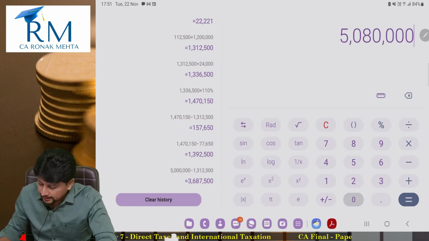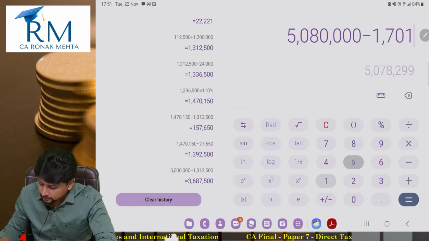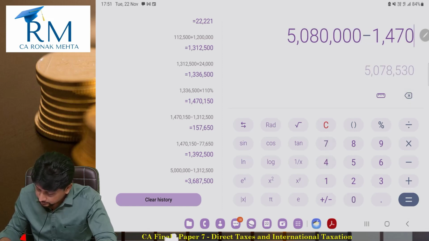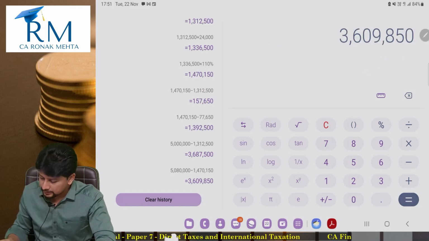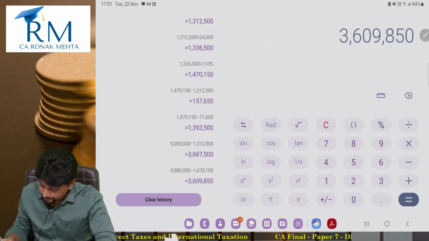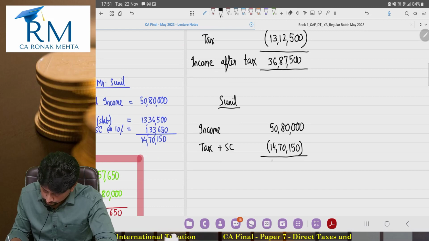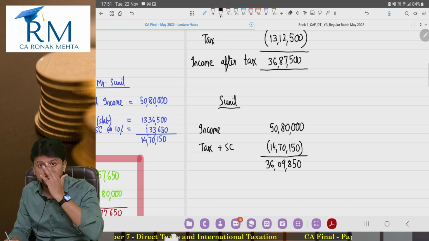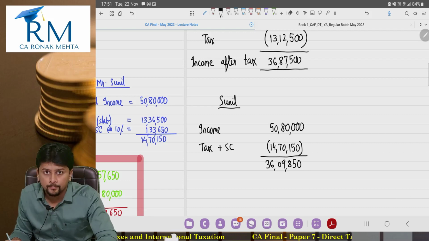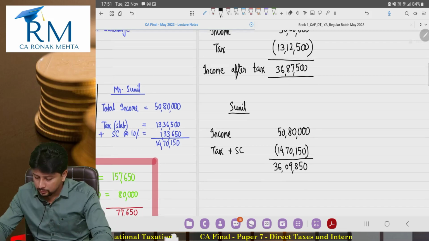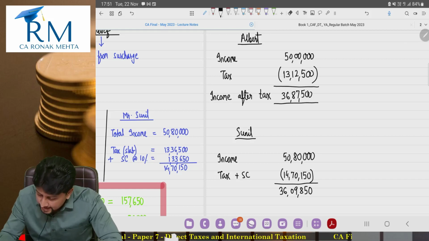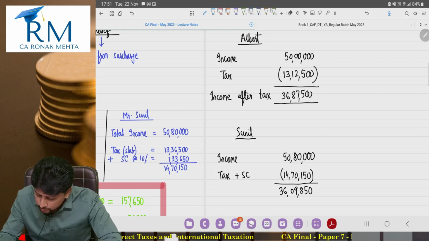So 50,80,000 minus 14,70,150 is 36,09,850. You can see that Mr. Sunil has less income in his pocket after tax as compared to Mr. Albert. Why? Sir, surcharge.